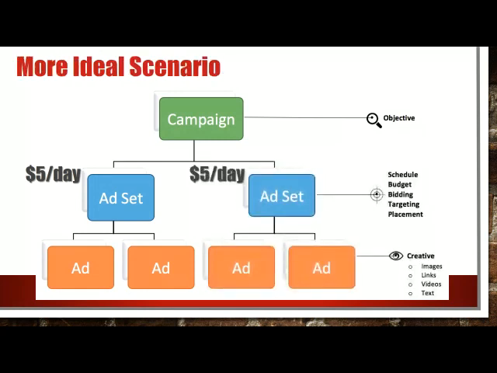And of course, a better scenario, you have more, and each of those are targeting different things, or maybe it's just placement, right? One ad set's running on the Facebook feed, another one's running on Instagram, something like that. You want to keep all those separate the best you can to see which one is really working the best, quite honestly. That's the way to go about this.